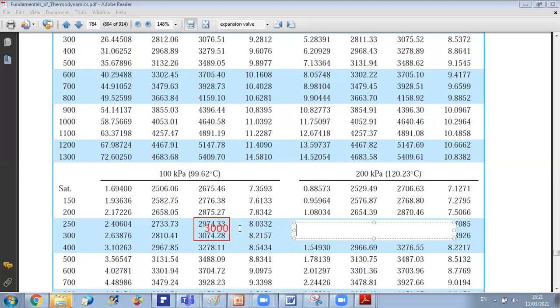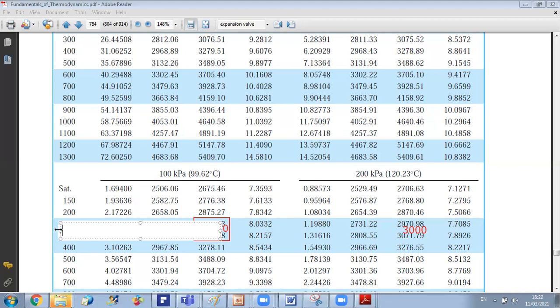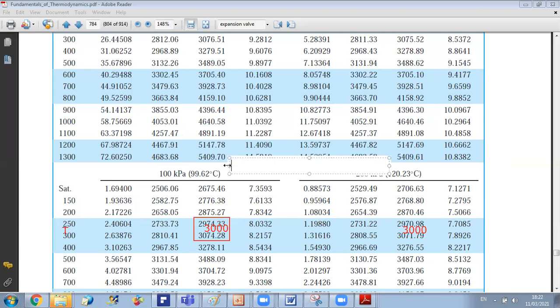How do you do interpolation? It's a linear relation, you assume a linear profile. So to find the temperature for H equal to 3000 at a pressure of 100 kilopascal, you say that for a temperature of 250 degrees, H was 2974.33.